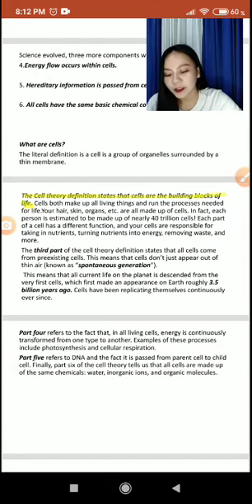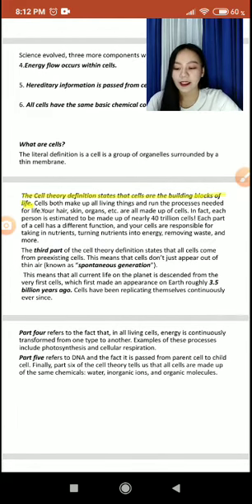New cells are always made from current cells. This means that all current life on the planet is descended from the very first cells, which first made an appearance on Earth roughly 3.5 billion years ago. Cells have been replicating themselves continuously ever since.